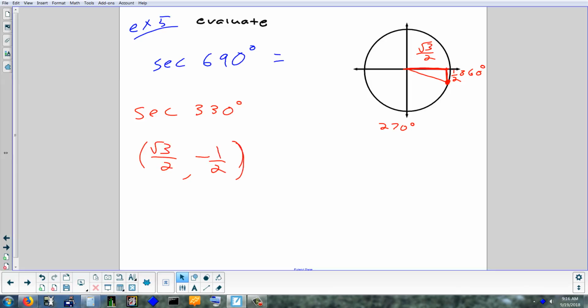The x. So you get 2 over the square root of 3. And when you fix it, what will you get? 2 square root of 3 over 3. 2 square root of 3 over 3. And there's the secant of 690. Okay, any questions on that?